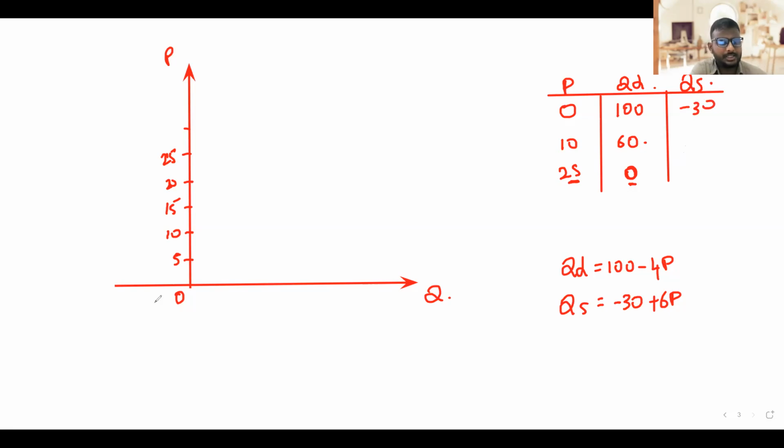So this is why I asked you to have this negative space, the minus part. And for 10 rupee, what is the supply amount? Do you get one? I think you should, right? For 10 rupee, what is the supply amount? 30. For 25 rupee, what is the supply amount?